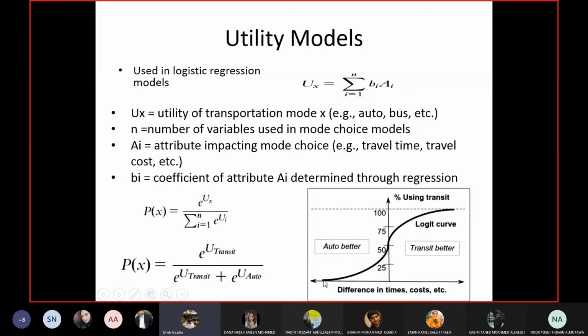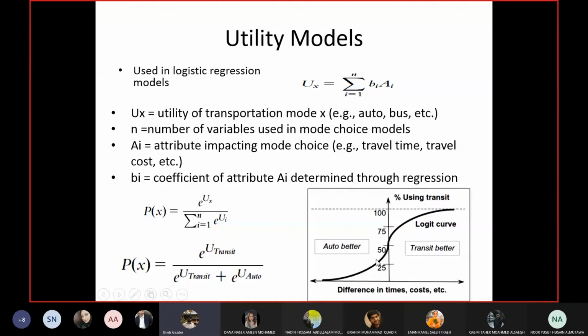This is the logistic function, and it follows this trend. Like you have a sine curve, cosine curve, and a curve for tangent, this is the curve for the logistic function.